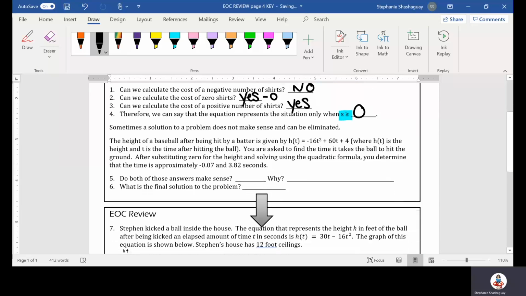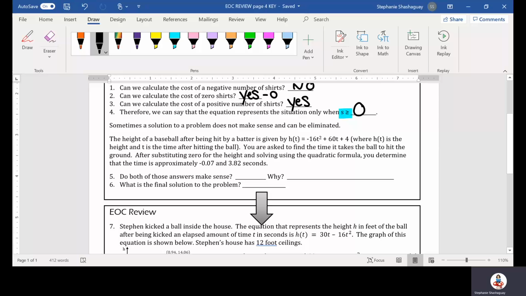Sometimes a solution to a problem does not make sense and can be eliminated. The height of a baseball after being hit by a batter is given by h of t is equal to negative 16t squared plus 60t plus 4, where h of t is the height and t is the time after hitting the ball.